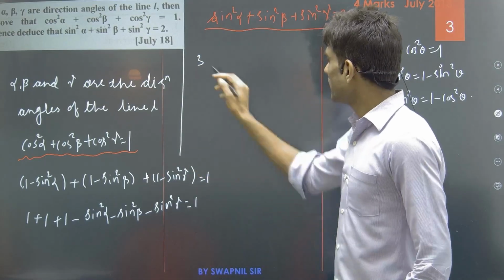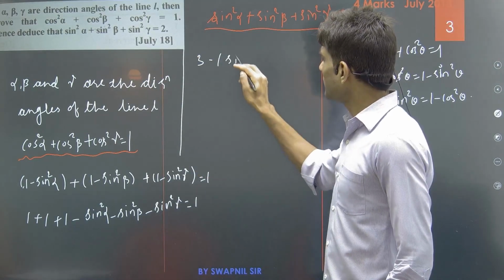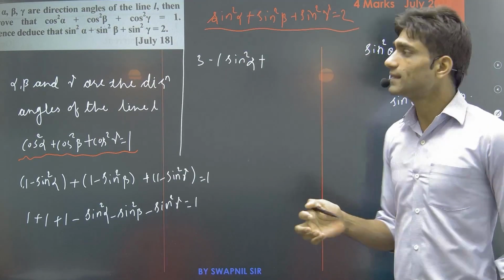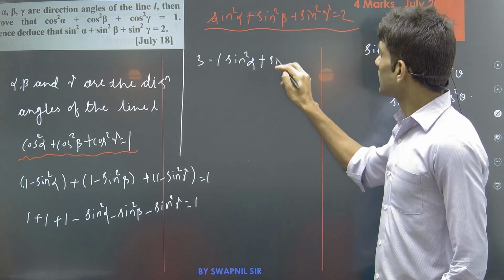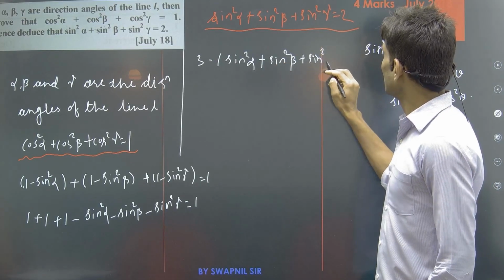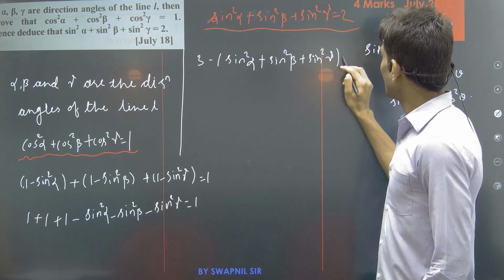Take the negative sign common, and under the bracket it remains sin square alpha plus sin square beta plus sin square gamma, which is equal to 1.